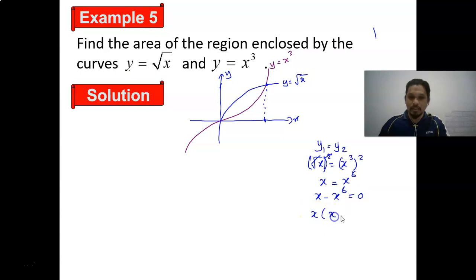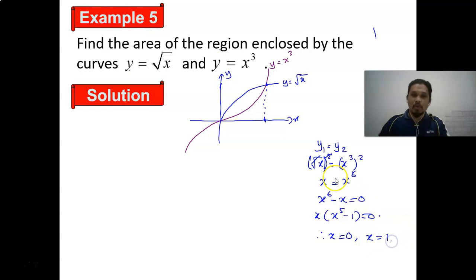Let's bring this x over, so x to the power of 6 minus x equal to 0, then x times (x to the power of 5 minus 1) equal to 0, so x equal to 0, then x equal to 1. So this is x equal to 1.